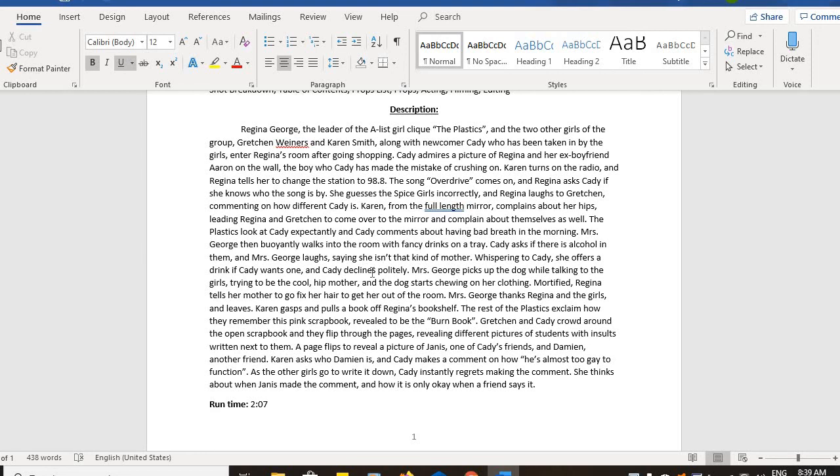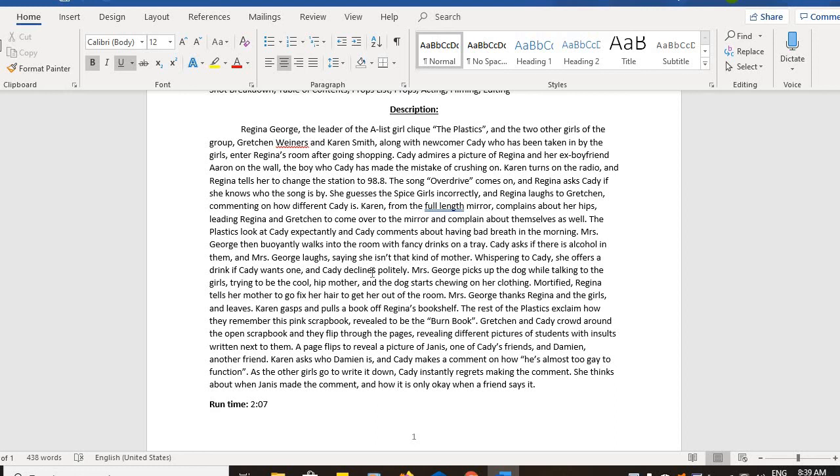And it's going to be clear that it's changing for the worse, not the better. Caddy joins in, as indicated in the script, as indicated in the description, in making fun of Damien. Then, as the other girls go to write it down, Caddy instantly regrets making her comments. She thinks about when Janice made the comment and how it is okay when a friend says it.